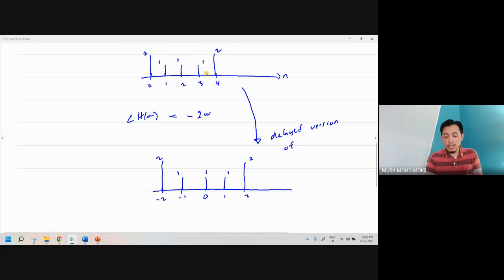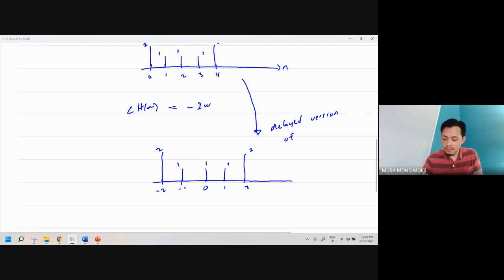How many do we delay? The delay is n_d equals 2, because you push this one to the right by 2 samples. Then the phase is straightforward, equal to minus 2 omega.